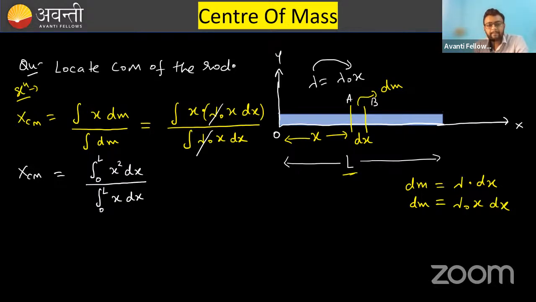Now if you integrate it, the integration of x square is x cube by 3, with limit 0 to L, divided by the integration of x, which is x square by 2, limit again 0 to L. You can put the limits.